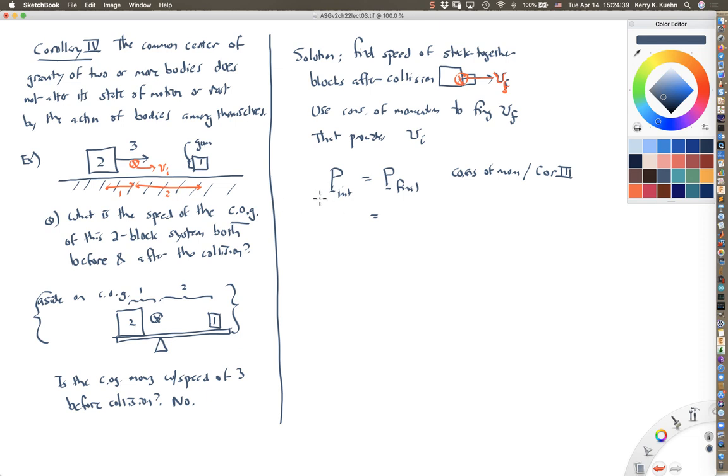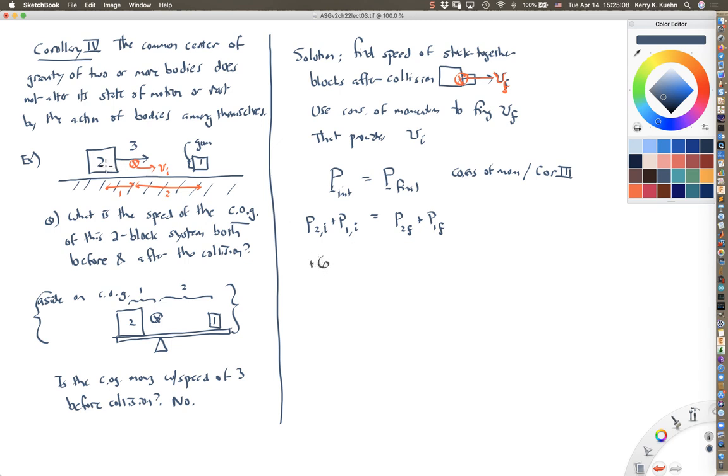What do we mean by the initial momentum of this system? We mean the momentum of the block having mass 2 initial plus the momentum of the block having mass 1 initial. And what is the final momentum? It's the momentum of block 2 final plus the momentum of block 1 final. Well, what's the momentum of block 2 initially? That's plus 6, right?